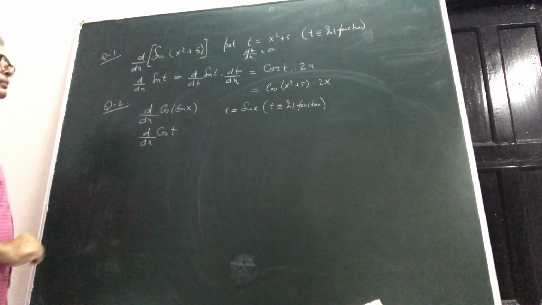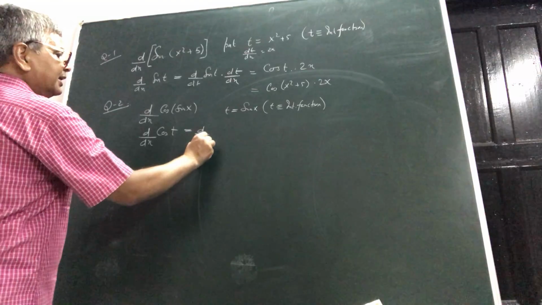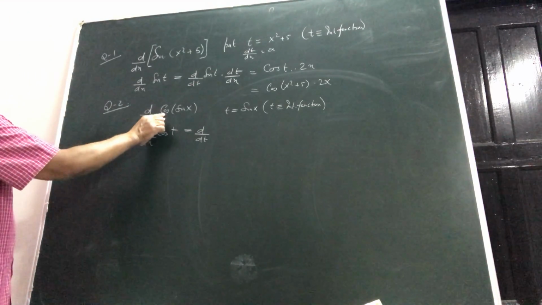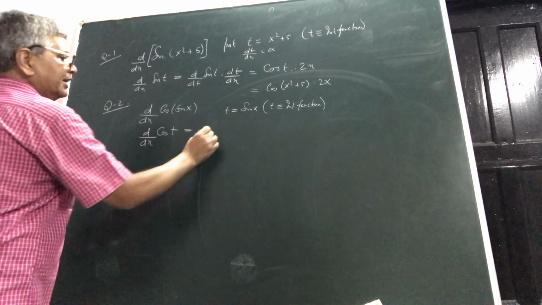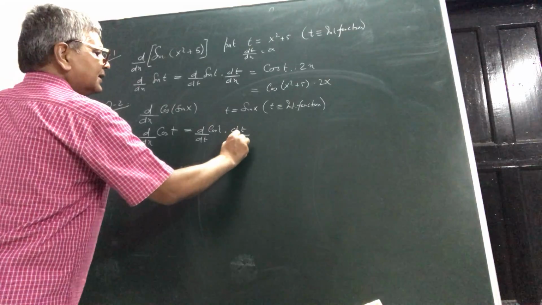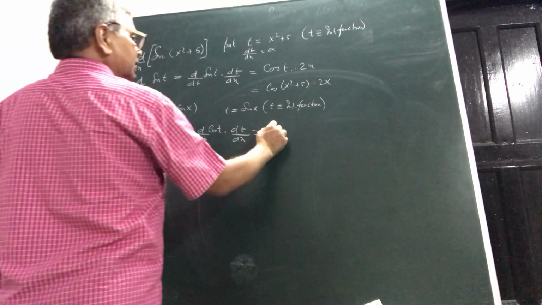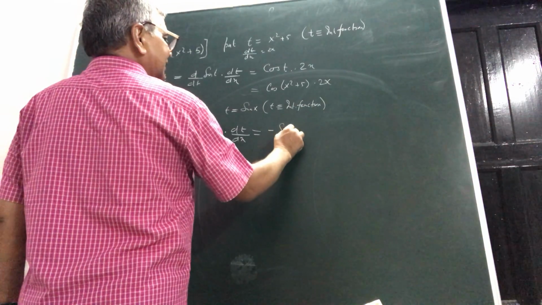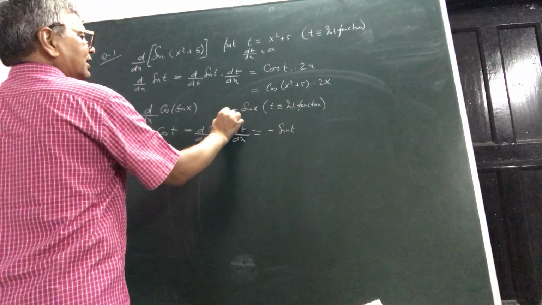Then by chain rule, what does it become? d by dt, the external function is cos. So the external function you differentiate with respect to the internal function, d by dt of cos t, and then dt by dx. d by dt of cos t is minus sin t, and then dt by dx. t is sin x, so dt by dx you will calculate here.